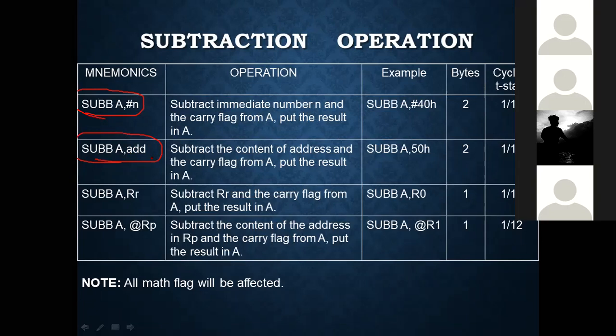Clear? Now coming to the third one, that's SUBB A comma Rn, the same operation is going on. The content of the A register, the content of the carry flag and the content of the Rn register. Let us complete this one, otherwise we'll forget.